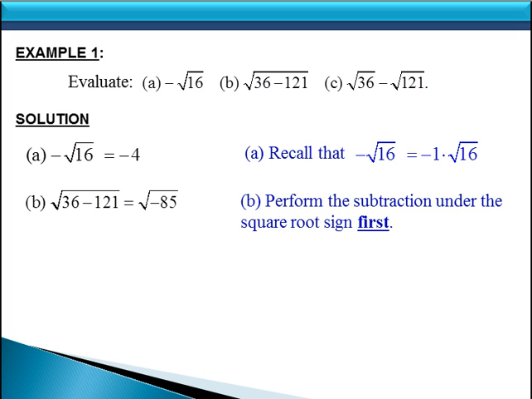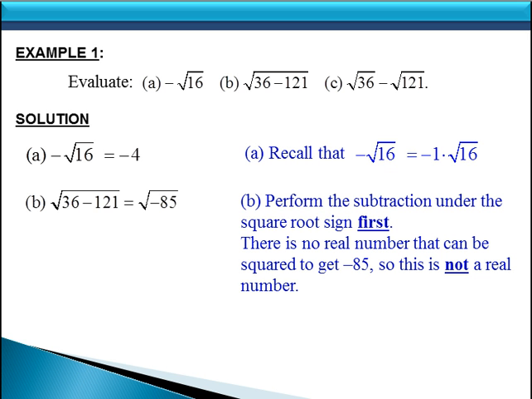Well, you could think about it for a long time, but you're never going to find a real number, positive or negative, that you could square to get negative 85. And so since there is no real number that can be squared to get negative 85, this expression turns out to be not a real number. You can never take the square root of a negative number. Just keep that in mind.